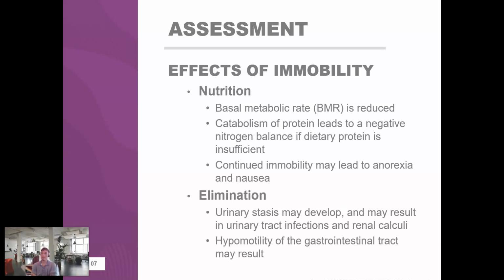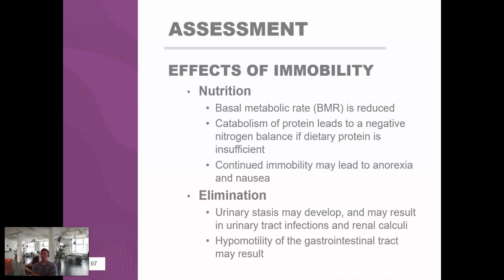So that's going to cause potentially a negative nitrogen balance if the dietary support is not there, if people aren't eating well and taking care, paired with a static lifestyle. You'll have continued immobility, which may lead to anorexia and nausea. Again, the body just doesn't need everything that it was taking in previously, and there are impacts related to that.